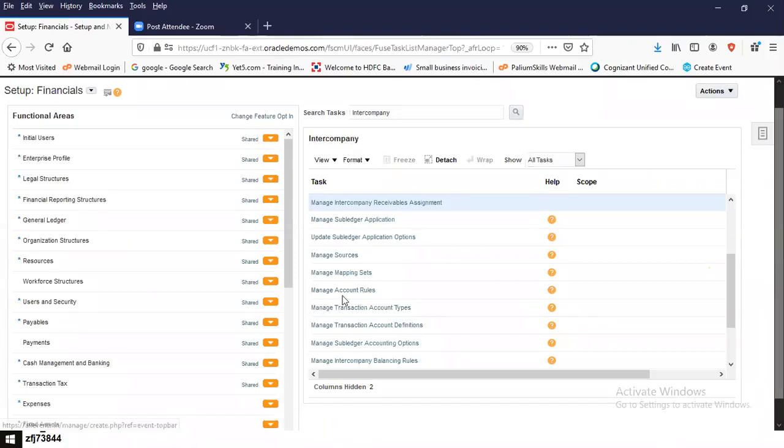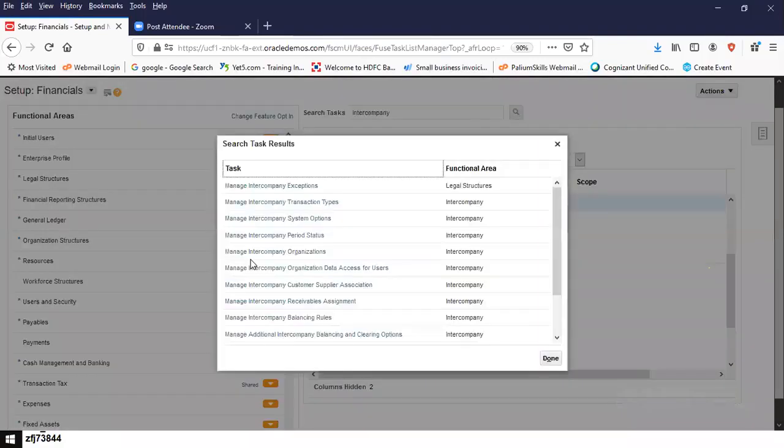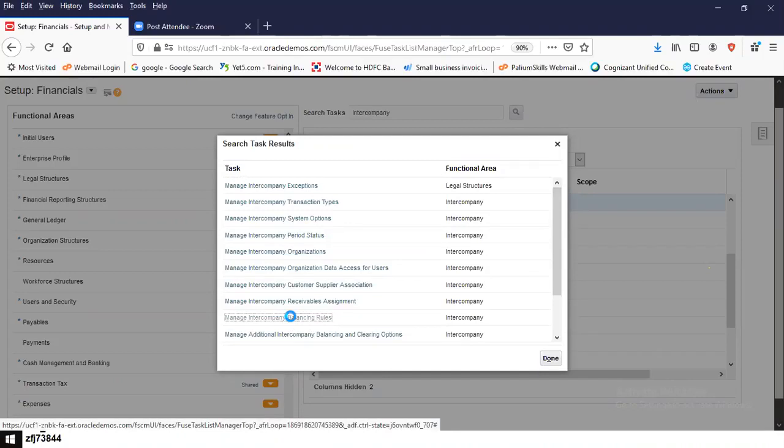Next is the intercompany balancing rules.